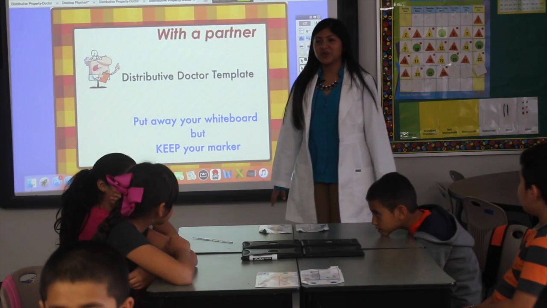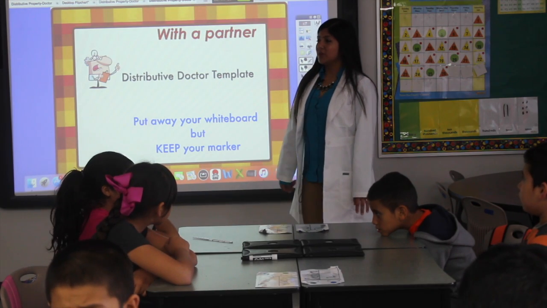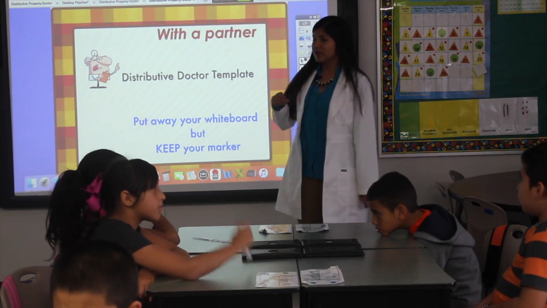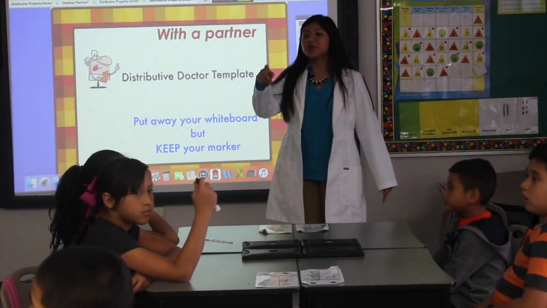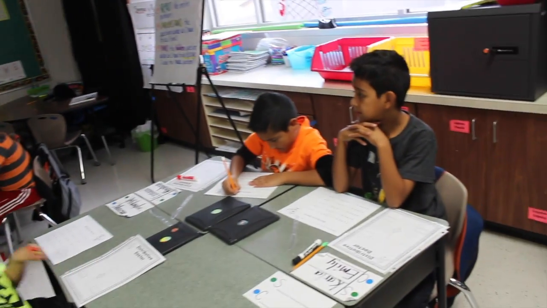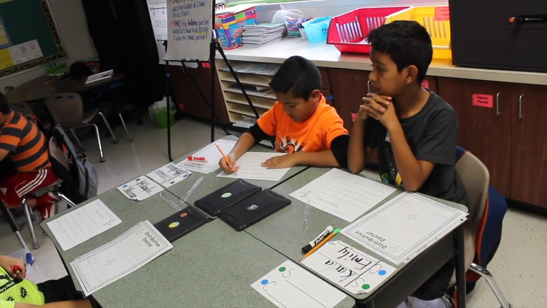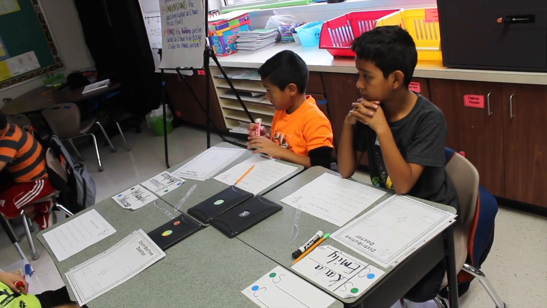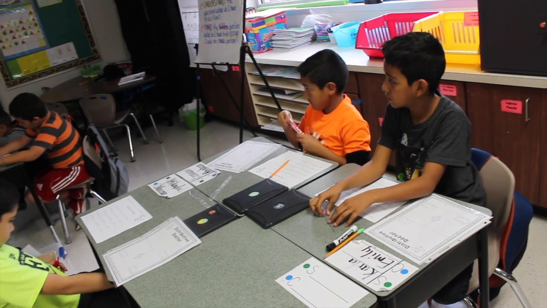Practice with your partner. So we're going to give you a worksheet that you can use your marker on. You can write on it. So you can put away your whiteboard. Okay. So I'm going to show y'all an example. This is what I expect for y'all to do on the back so you can practice.